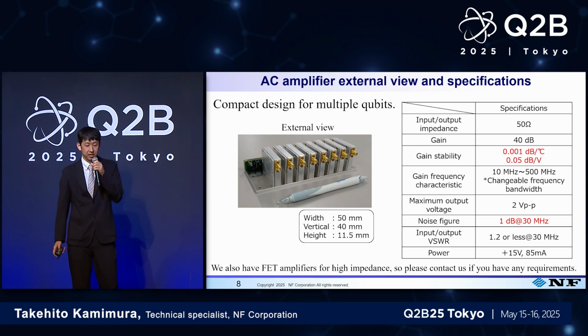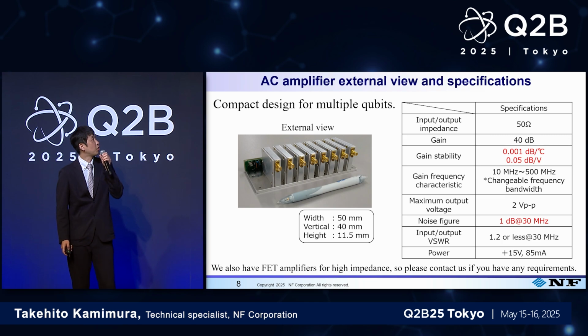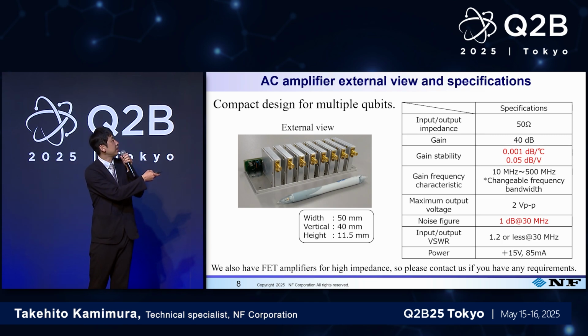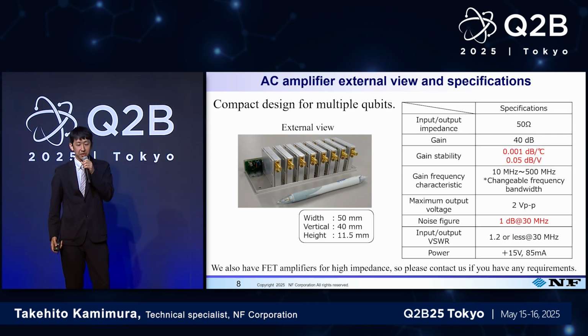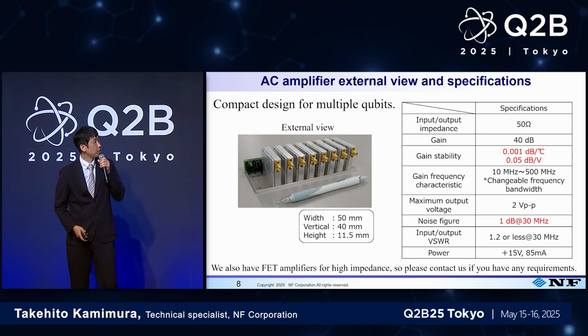This is the appearance of the device and also the specifications. It is easy to integrate into multiple devices, and you can line up 8 devices in the length of a ballpoint pen. You can find the specifications on the right-hand side.